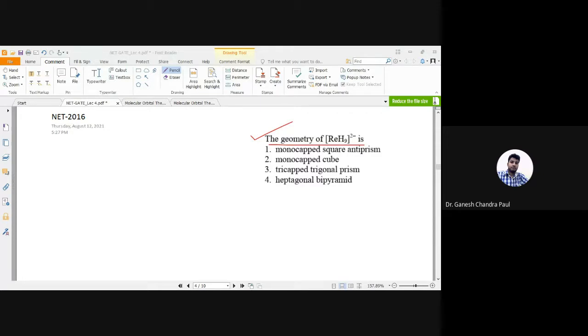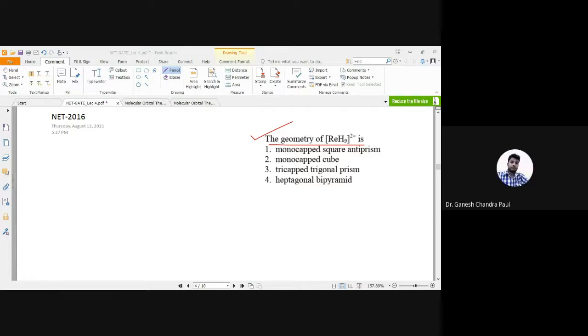So the coordination number of the central rhenium is 9, and its structure is tri-capped trigonal prism. It is there in the inorganic chemistry book. Sir, could this not be explained by VSEPR?